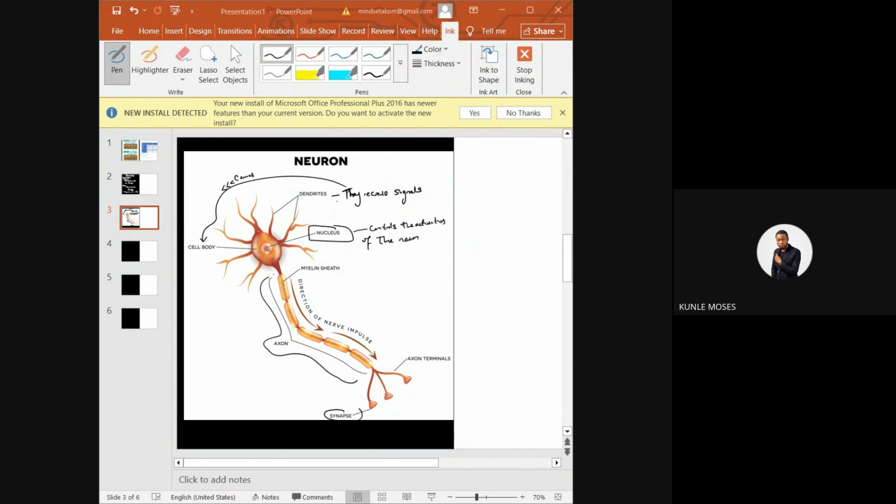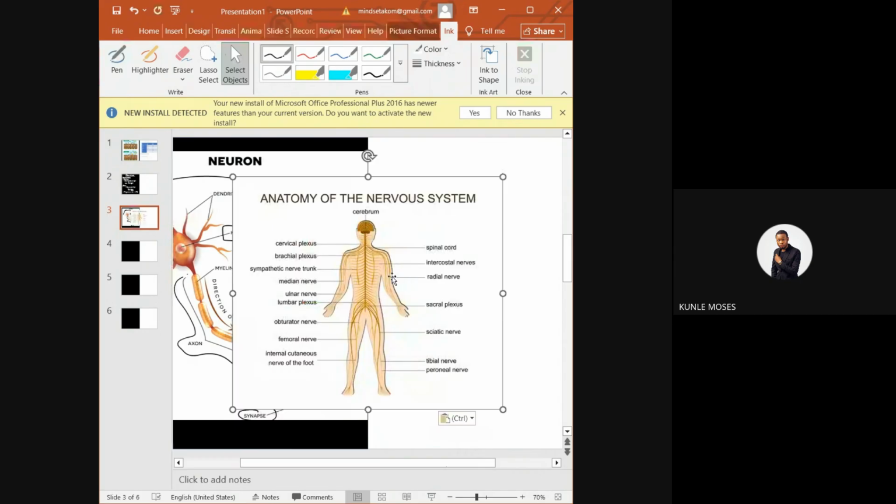So take note of the myelin sheath, the axon terminals, the synapse, and the nucleus. You can just jot it down as I've explained.